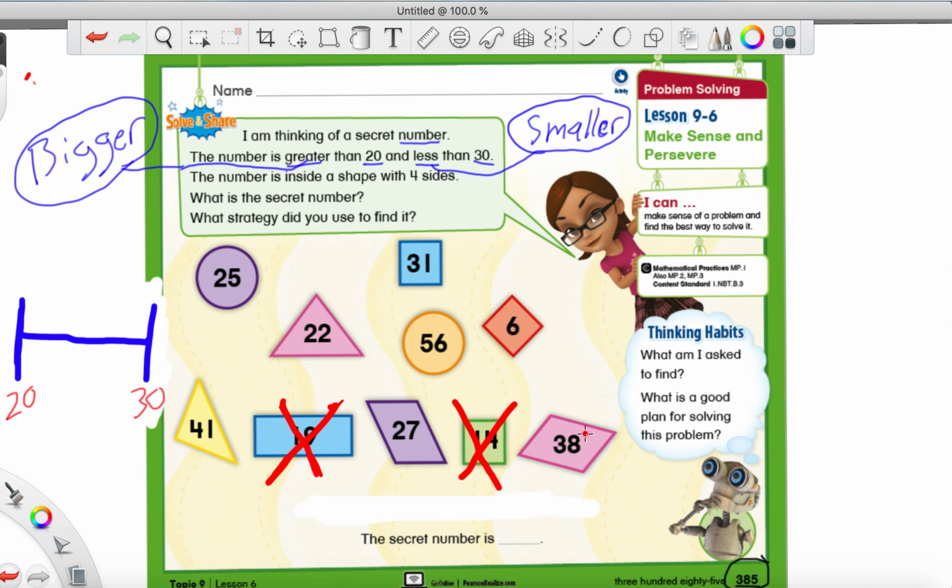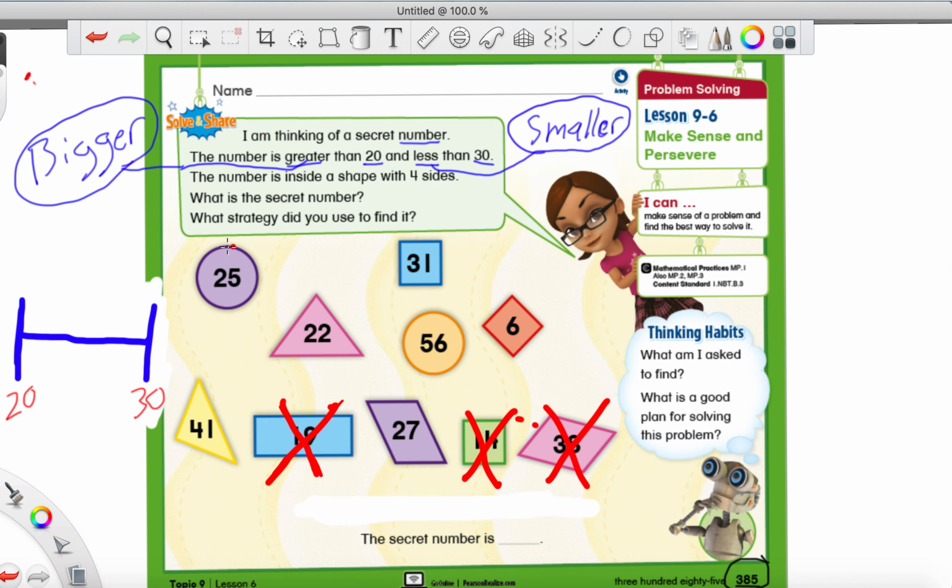Okay, what about the number 38? Is the number 38 going to be in between 20 and 30? No, it's going to be way over here, right? If this number line kept going, 38 would be way over here. And so that doesn't fit our little number line. So we have to get rid of that too. So we got rid of 14. We can get rid of 38.